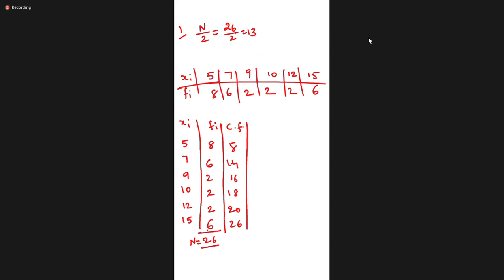You need to circle that. Just above this number, 14 is there. The corresponding x value is 7. That is called the median. Therefore, median equals 7. That is how you identify the median.